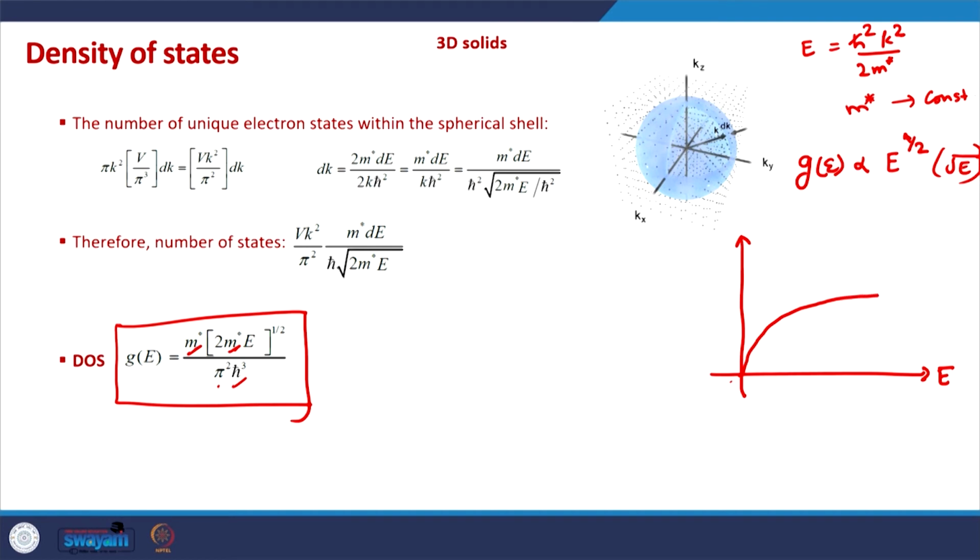This is not an exact quantitative plot, just to see how qualitatively G(E) depends on E. This is how it depends on E essentially. And what it implies is that G(E) is essentially the density of states, which means these are the allowed electronic states in a material.